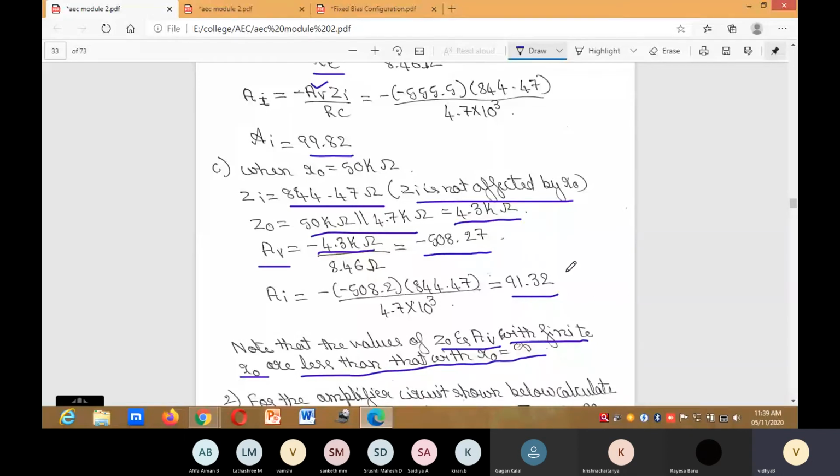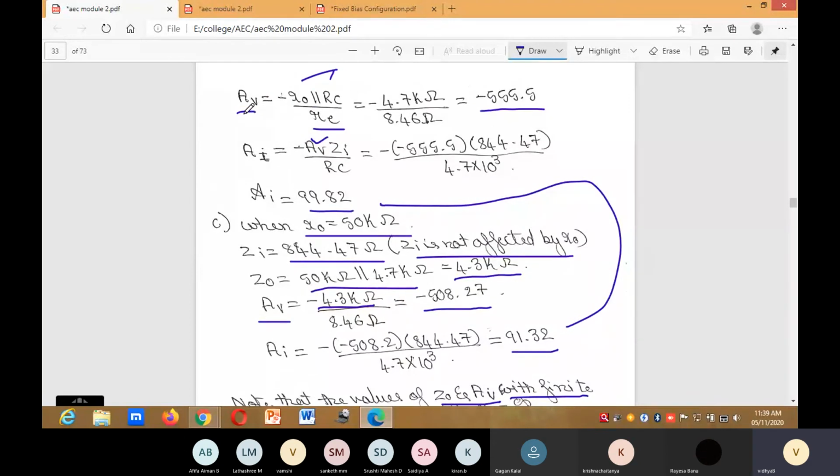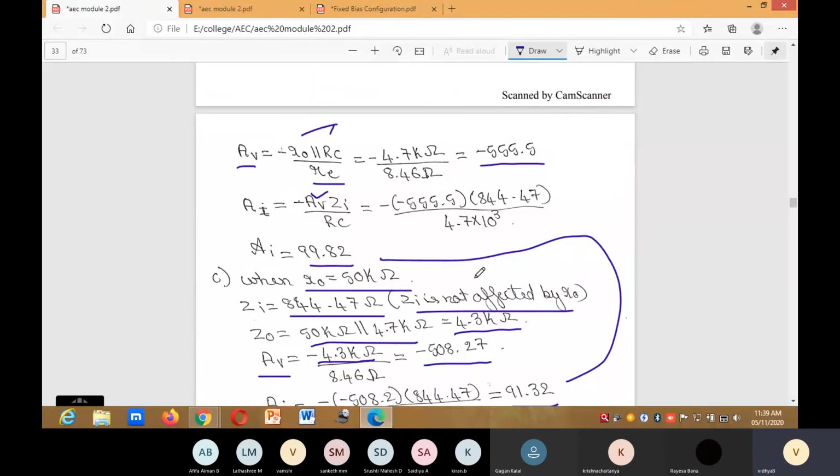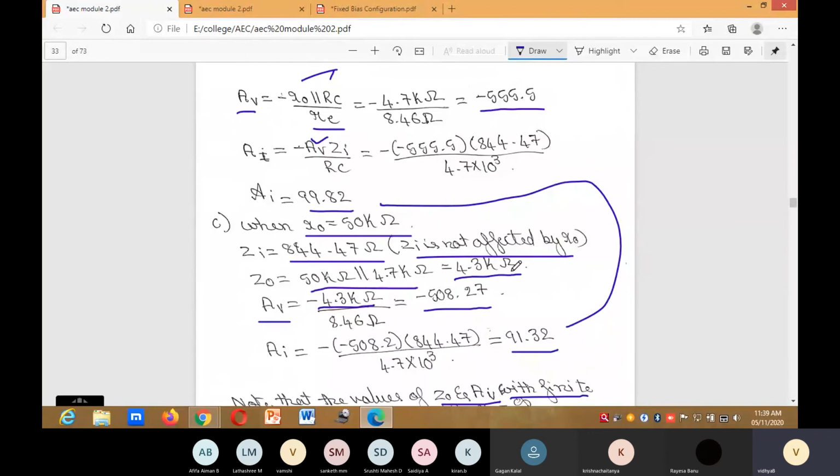You can compare: when R0 is equal to 50 kilo ohm, the voltage gain is minus 508.27, and when R0 is equal to infinity, you will get minus 555.5. Even Z0 you can compare: 4.7 kilo ohm and 4.3 kilo ohm.